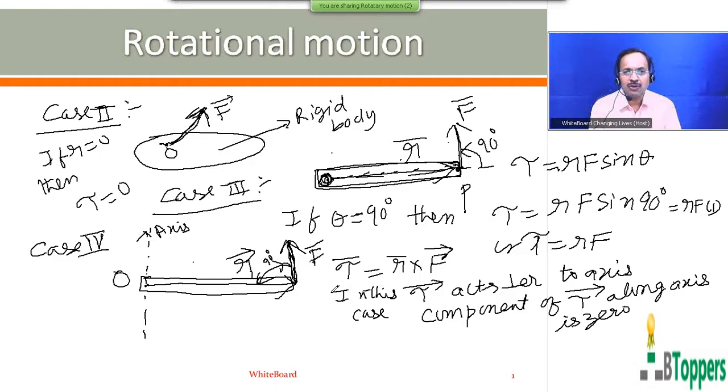If you want more discussion about this case 4 or all these special cases, those who could find time and are interested can read the famous book, of course most of you may be familiar, Concepts of Physics by H.C. Verma, Volume 1.